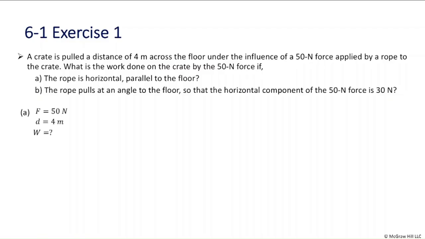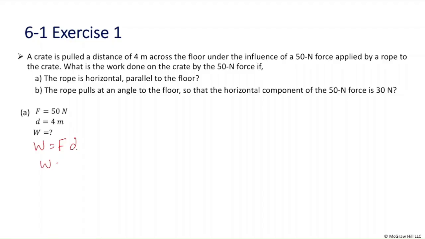So these are the given parameters in the question. The applied force, which is 50 Newton, and the distance, which is 4 meters. Now remember the formula for work? W equals F d, force times distance, right? Now here the full force acts in the direction of motion.